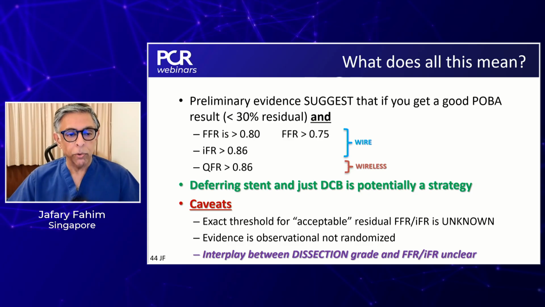And of course, it's important to appreciate that the evidence is observational, not randomized, and we do need to see randomized trials using physiology as a guidance mode for DCB angioplasty. And then the interplay between dissection grade and iFR or FFR is still unclear, in the sense that can every type C or maybe even type D dissection be left as long as the physiology is okay? That question is still unknown.